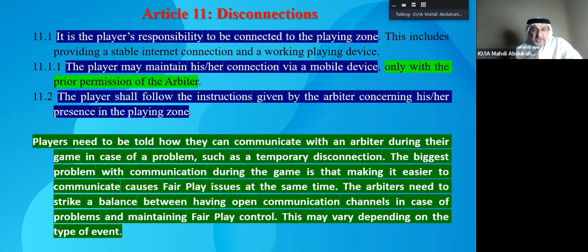One team from Bangladesh had a problem. There was a typhoon and the connection was very bad, but they tried to connect via USB. They had a USB with a SIM card inside, and after permission of the chief arbiter, they were allowed to use the USB device. Then the connection was good, and they continued the game.